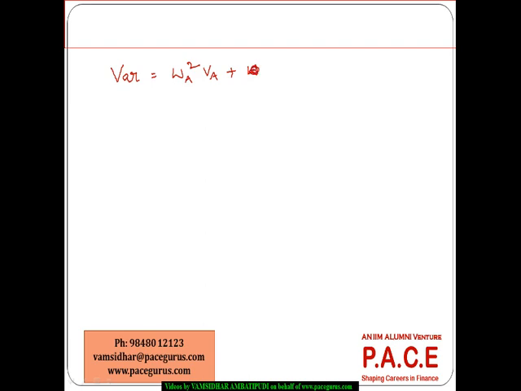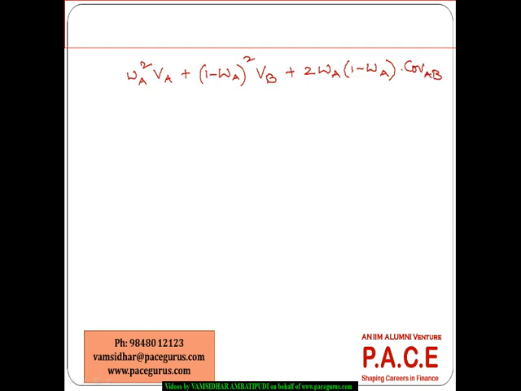What I'll do is, WA squared variance of A, and instead of WB, I'll write it as 1 minus WA: 1 minus WA squared variance of B, plus 2 times WA into 1 minus WA, covariance between A and B. So I have to minimize this particular function.